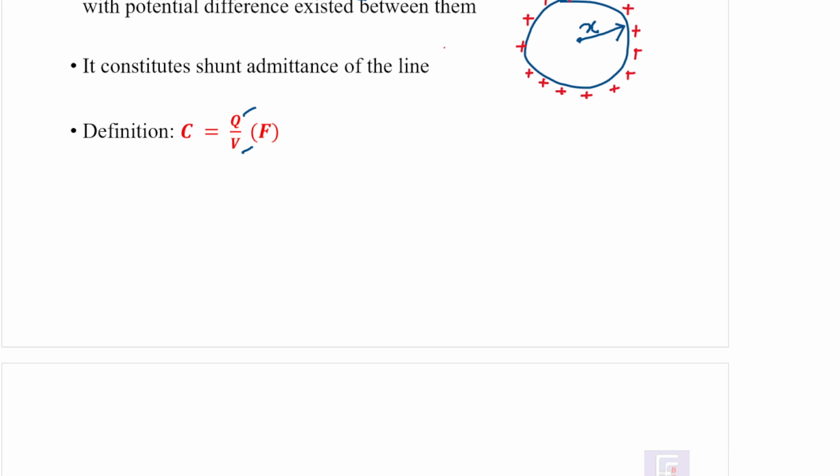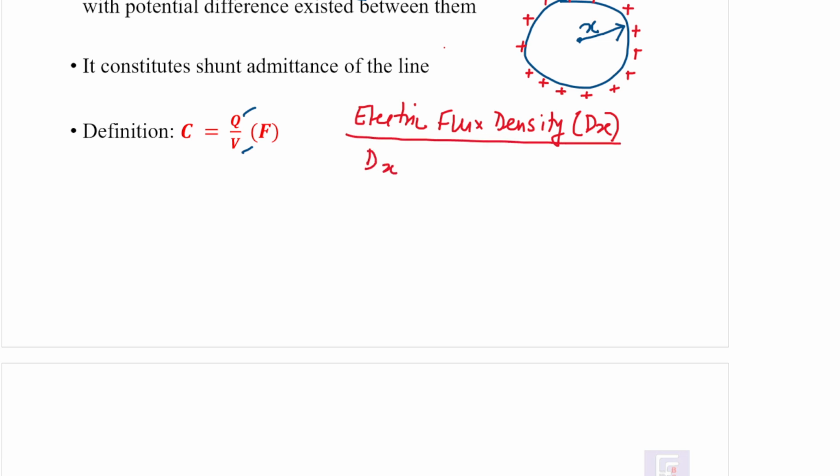So in this case, what will be our first derivation? We can write the electric flux density Dx. So Dx is equal to charge per unit area.